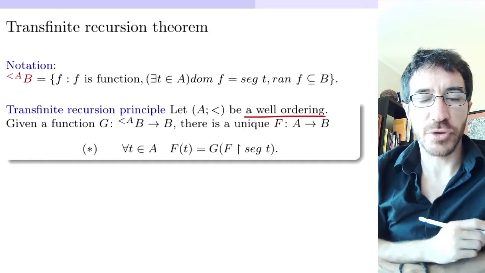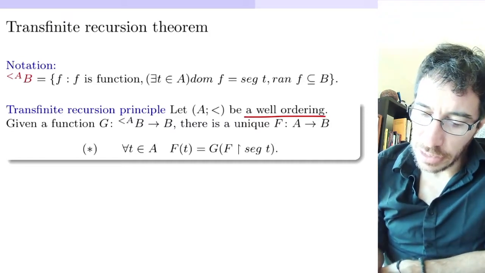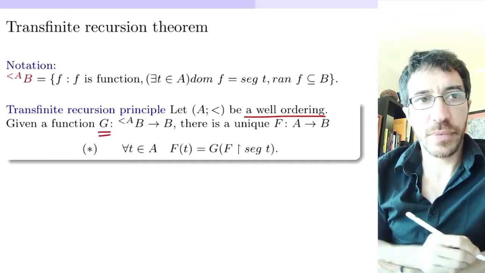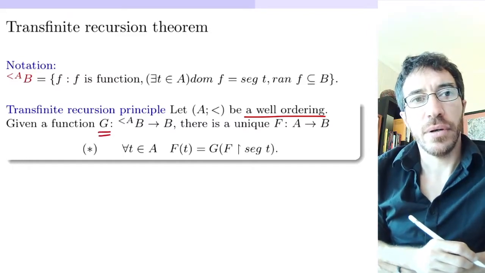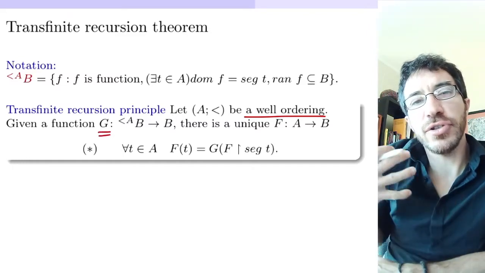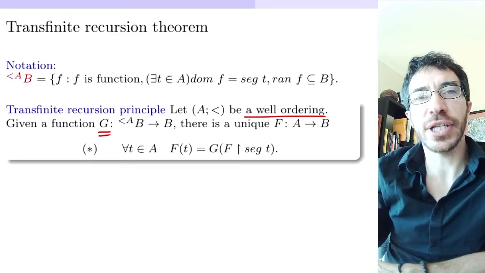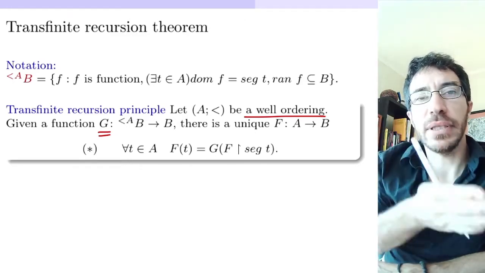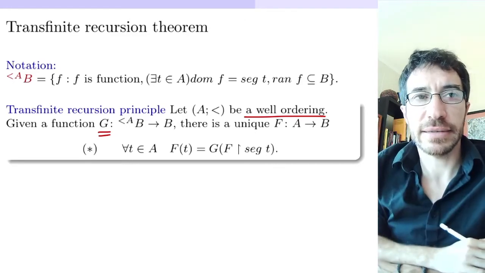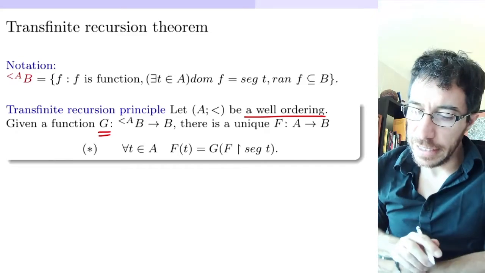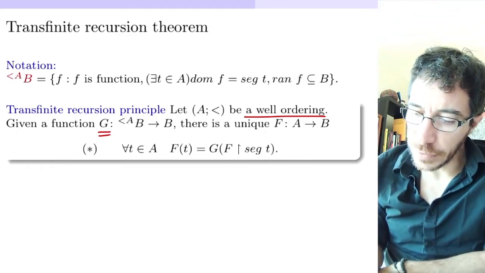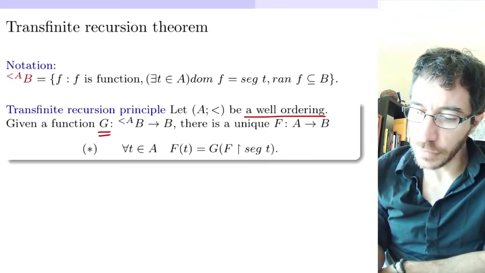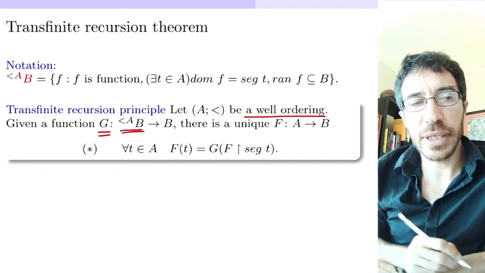So here's the statement. Suppose you have this function g, which here is just a function that you have to imagine. This is the procedure that tells you, given what's been defined so far, how you define the next step. And it goes from the set of functions from initial segments of b to b.